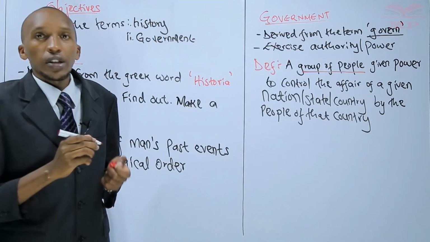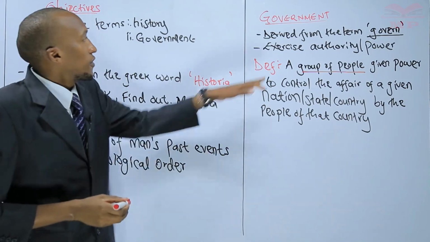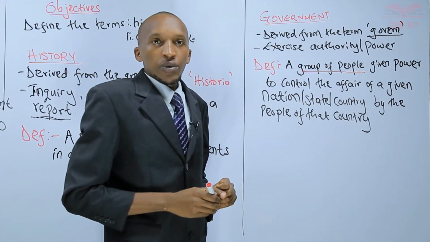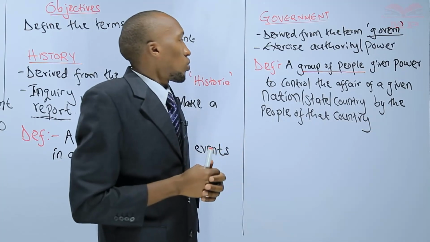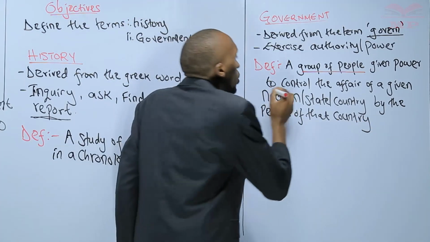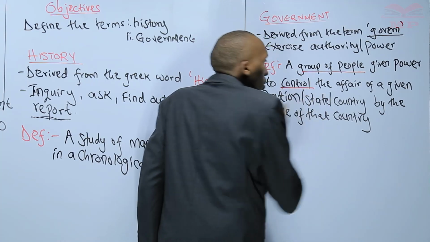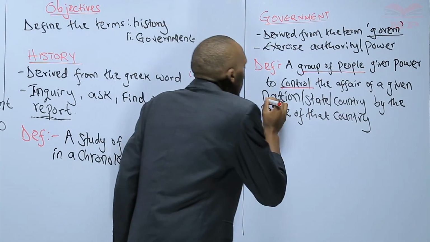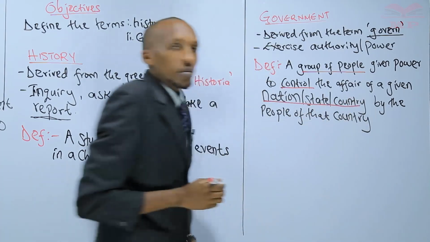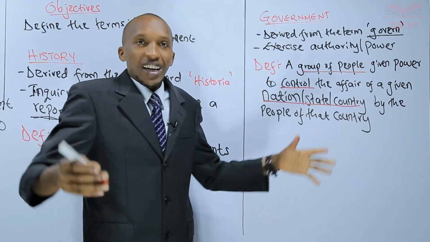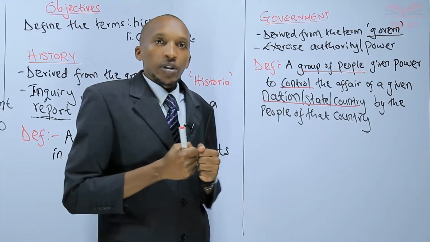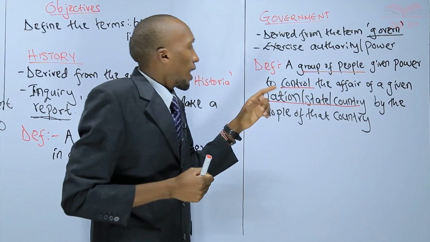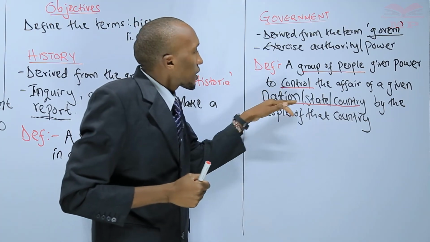That is the first point that you need to capture when you are defining the term government. It is a group of people who have come together, and they have been given powers to control the affairs of a given state or nation.